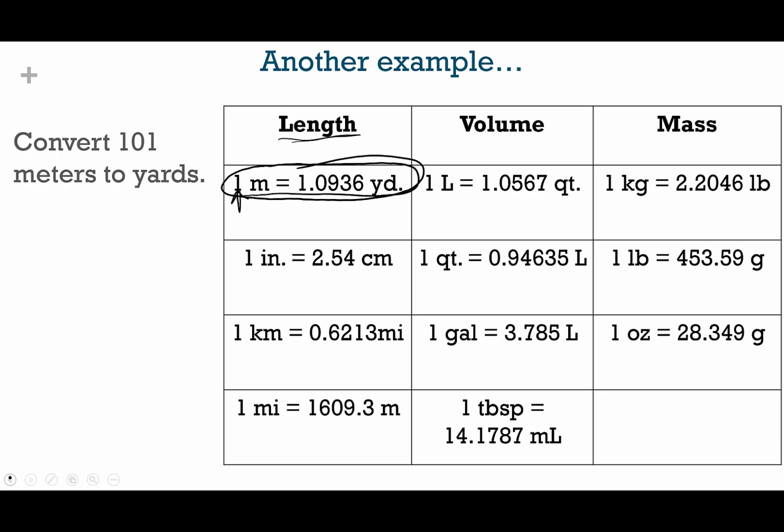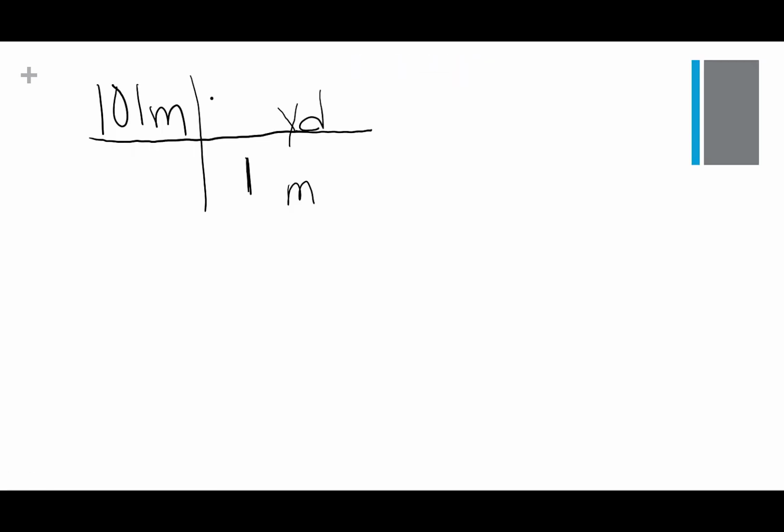And then I look at my unit for yard, and I see this ridiculously long number. So I see 1.0936 is attached to the unit yard. So that's going to stay with that unit. So 1.0936.